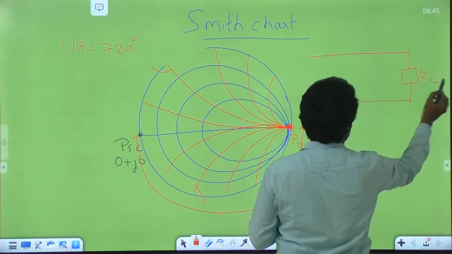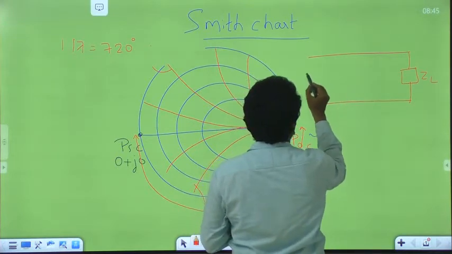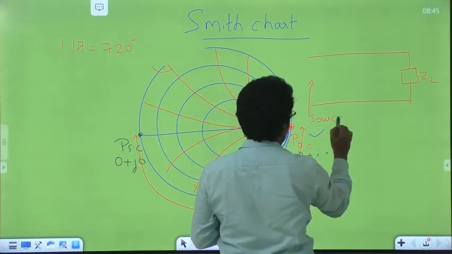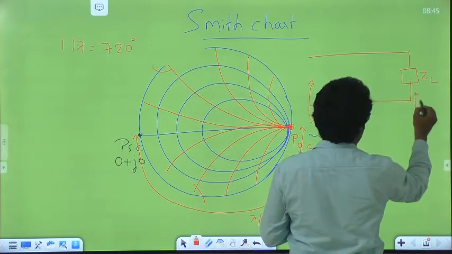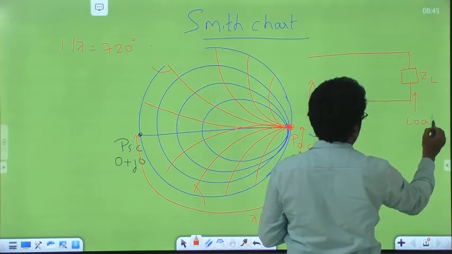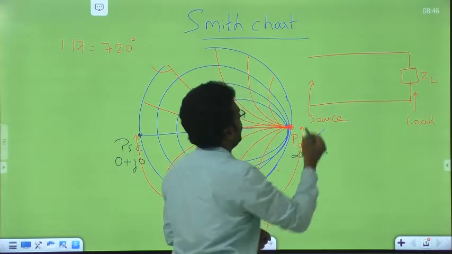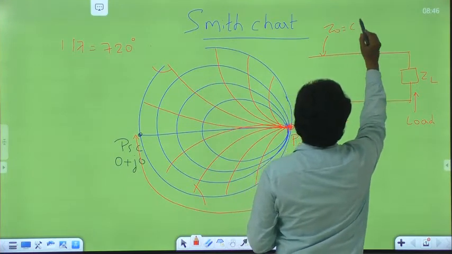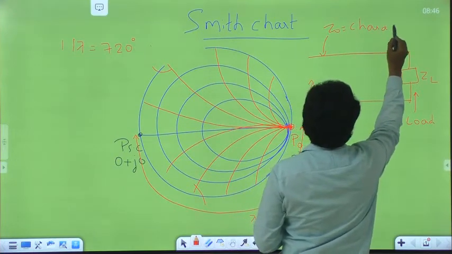This is the load impedance. This comes under the source side, and this comes under the load side. Okay, and Z0 is the characteristic impedance of the line.